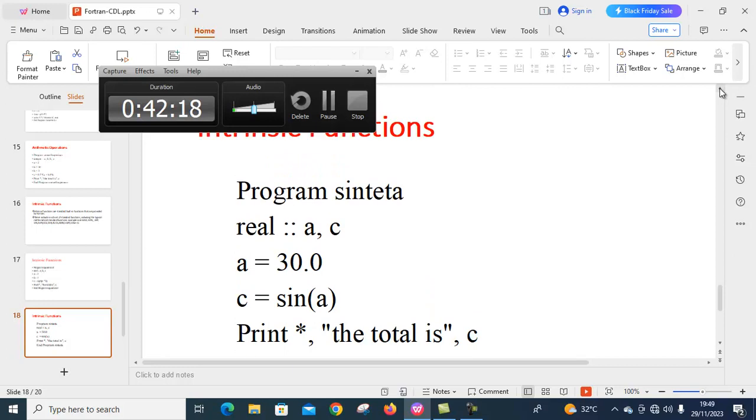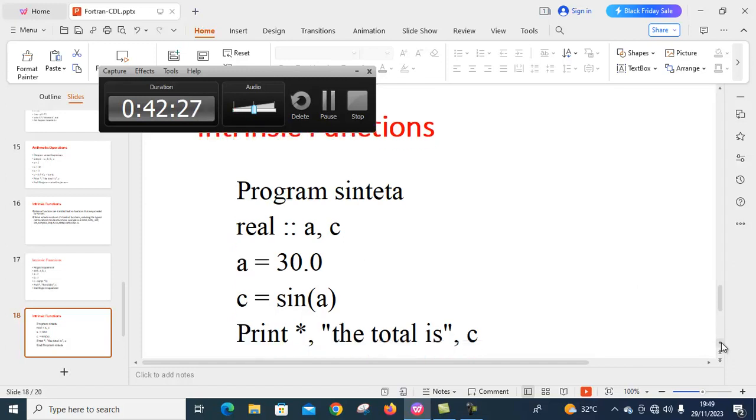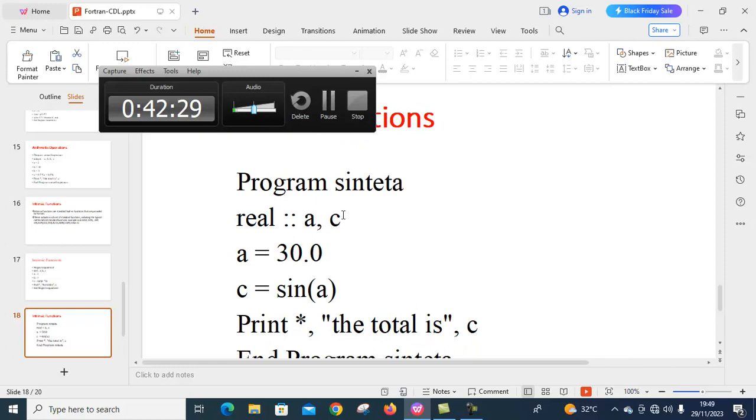This is another program which has to do with the calculation of sine. These are real variables. You can as well change this sine to cos, because the same rule applies to sine, cos, tan.